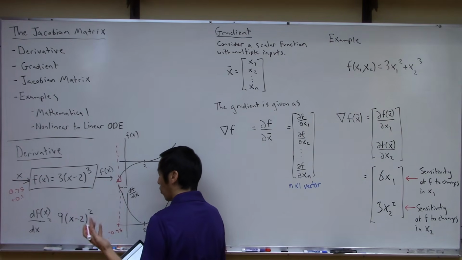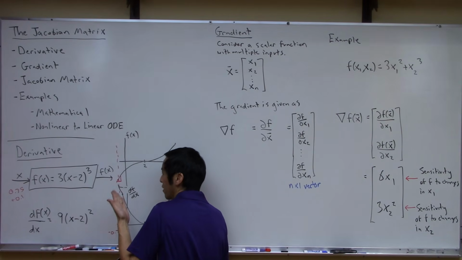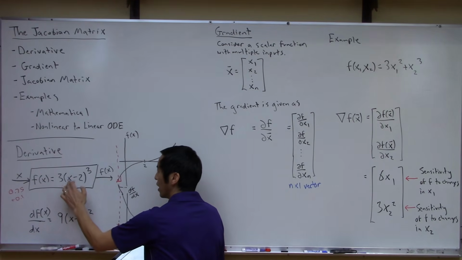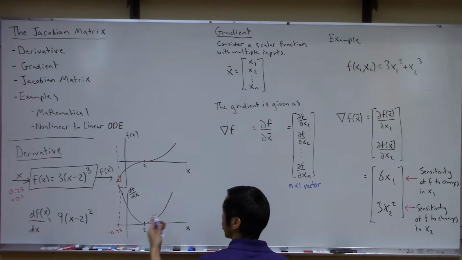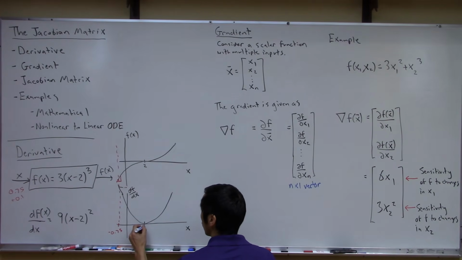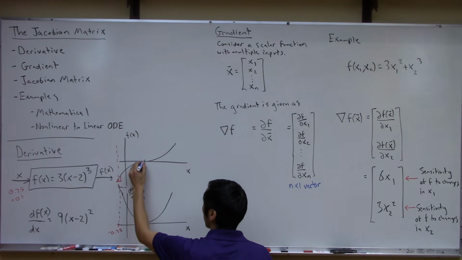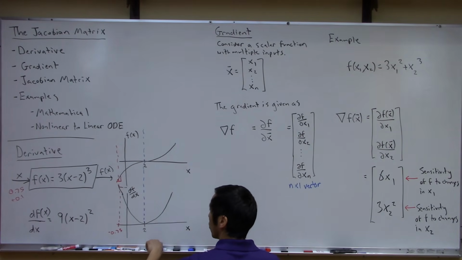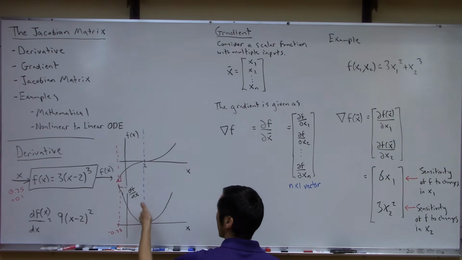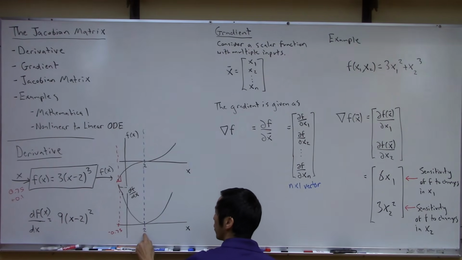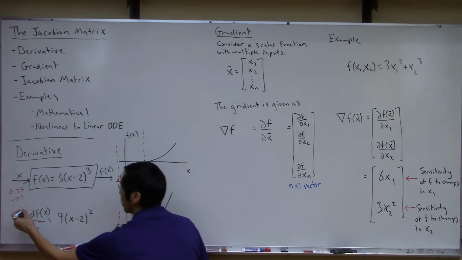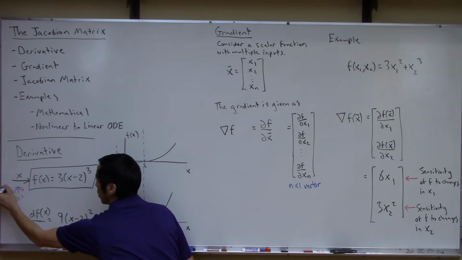So you can see that this sensitivity of this function changes as you change the value of x. So for example, if I choose another value, x equals 2, over here, we see that it actually doesn't change. The slope of this function is completely flat here, meaning if you're sitting here at 2, if the input to this function is now 2.